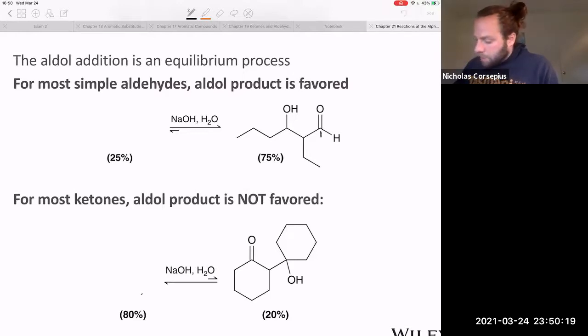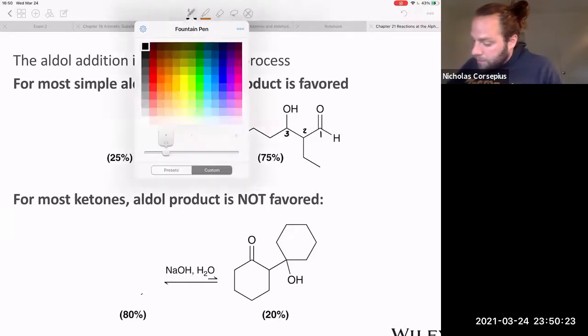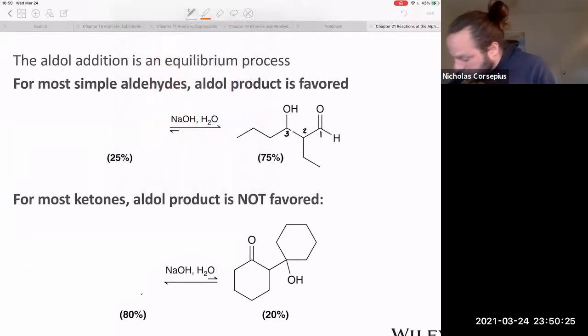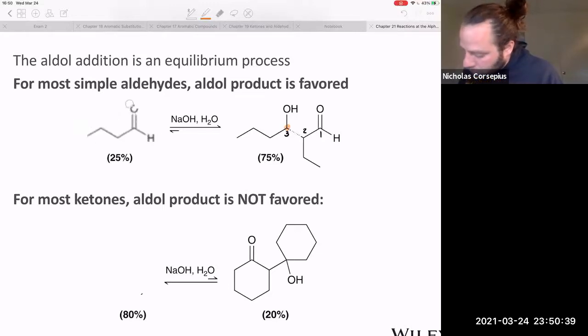We're going to start numbering at the carbonyl carbon. 1, 2, 3. So that means that this bond here is the one I'm going to erase to backtrack. And this carbon here used to be a carbonyl carbon. So my starting material was an aldehyde, this aldehyde, butanal.